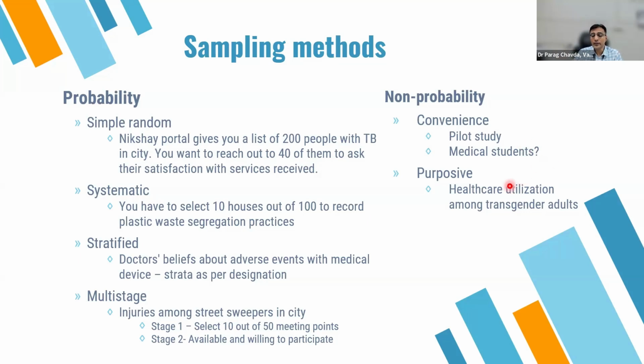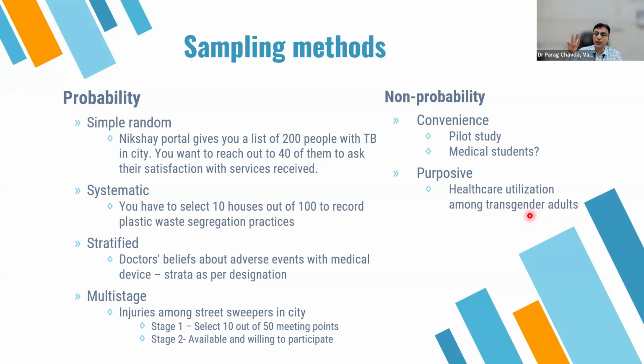Okay? The second component is purposive sampling. Purposive sampling is where you purposefully go and meet your study population. So say, for example, we talked earlier about transgender adults, and to the extent that we employ something called a snowball technique, where it's not easy to find them.